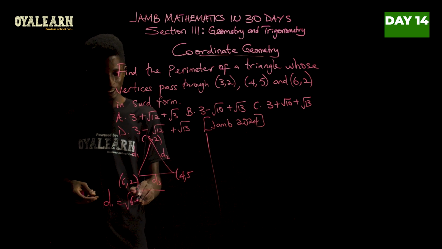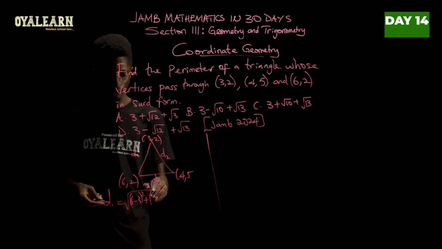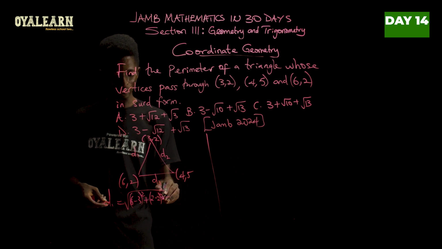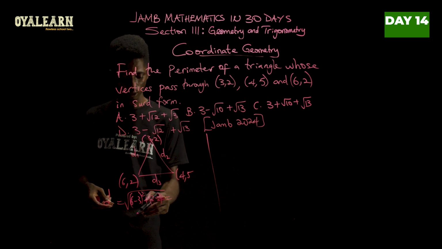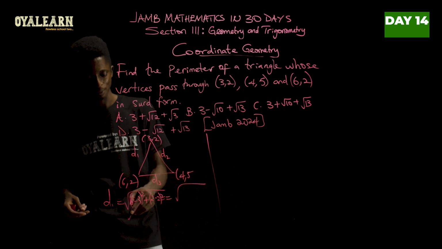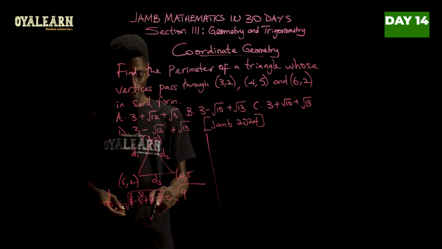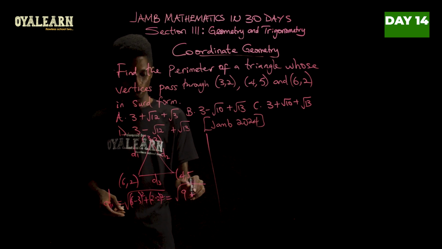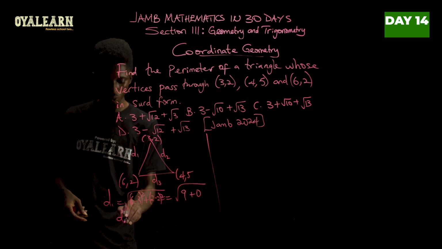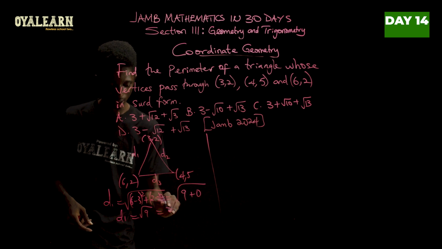So we have (6 minus 3) squared plus, now to the y, that would be (2 minus 2) squared. Now this would give us the square root of, now the difference here is 3, and 3 squared will give us 9, and this will give us 0 plus, so 0. So D1 equals square root of 9, which is 3.